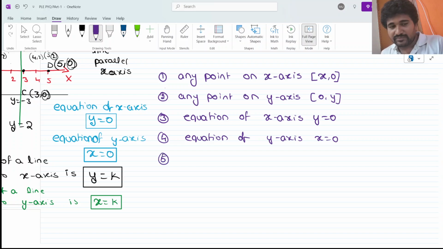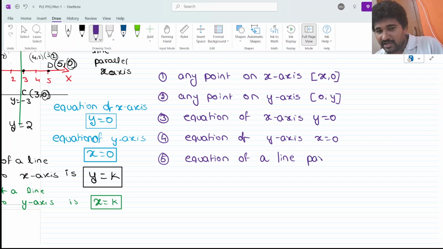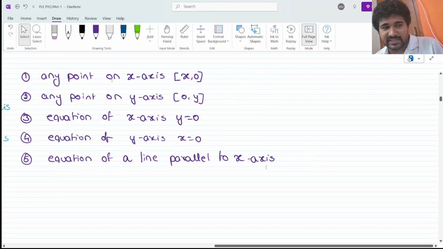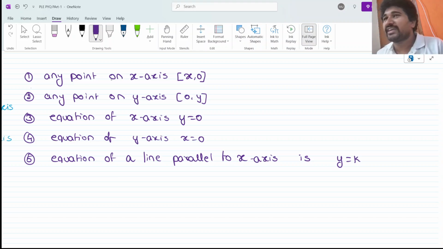Fifth one: the equation of a line parallel to the x-axis, I don't want to write it fully, in short I will write, is y is equal to k.